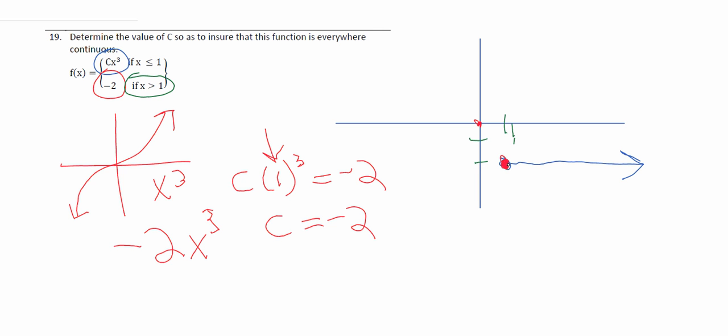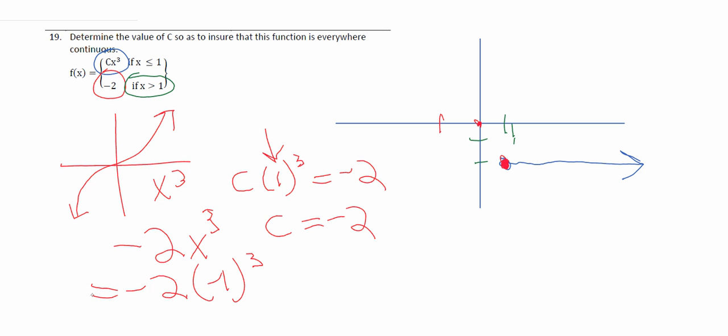And we're not really too concerned with the shape, but instead of going off in that direction, if we put in a negative 1, we have negative 2 times negative 1 cubed. Negative 1 cubed is a negative 1, times this other negative 2.